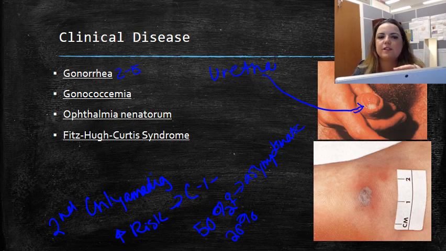Virtually all infected men will have acute symptoms, although complications are pretty rare. Sometimes we see them: epididymitis, inflammation of the prostate. You can also see periurethral abscesses. So these are rare, but you might see them.